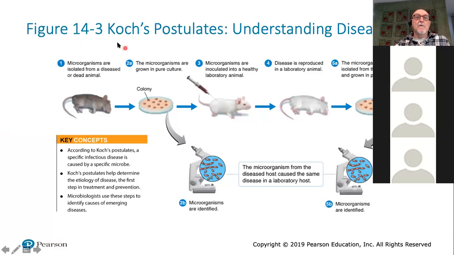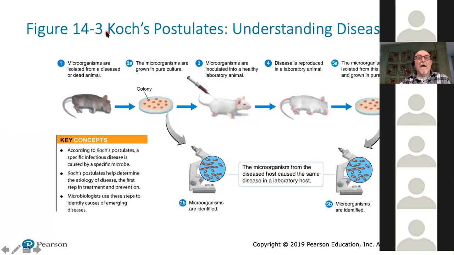Okay, so I just want to remind you, please, we did discuss this before, but it bears repeating. And that is that microbiologists actually use a very strict definition to decide whether an organism, or anything, a virus is not an organism, but in any case, whether an organism is actually causing a specific disease.